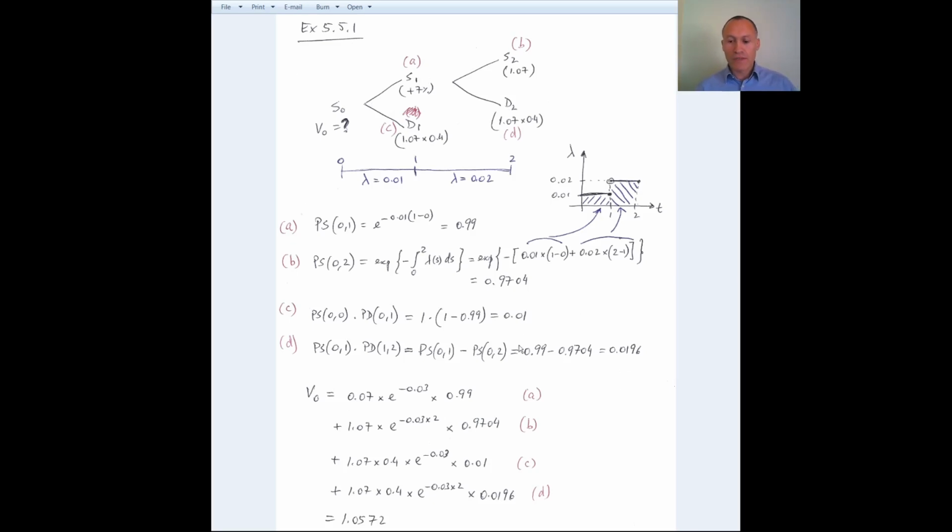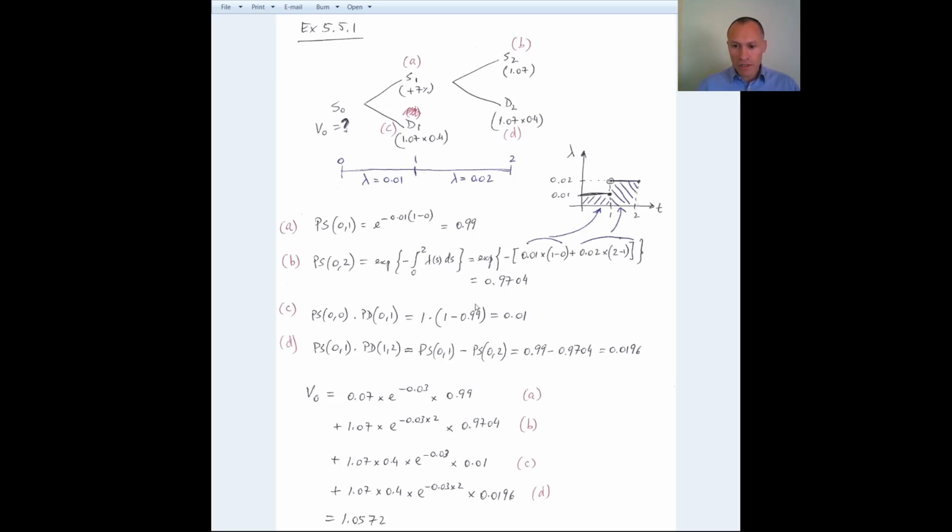0.0196. Okay, so now the value of the bond is just the sum of all these cash flows discounted back to today at the risk-free rate, multiplied by the corresponding probabilities. So the first cash flow here from A is 7%, discounted at the risk-free rate, times the probability of that case, plus the second cash flow, B, this one here, which would be face value plus coupon, discounted back to today at 3%, times the probability of getting there, which we have already computed, 0.97.